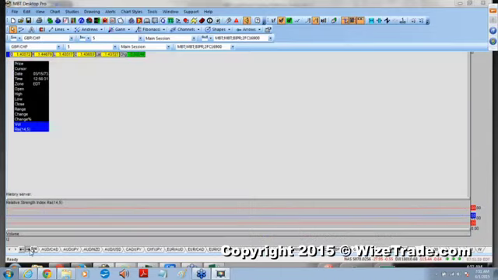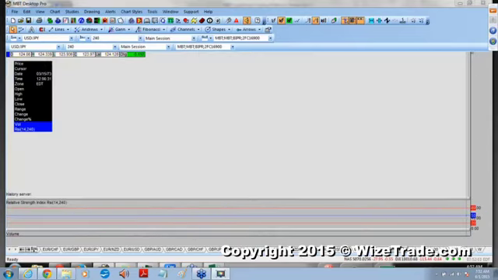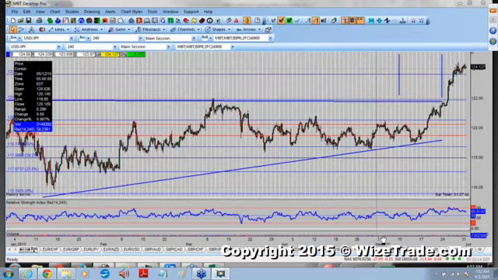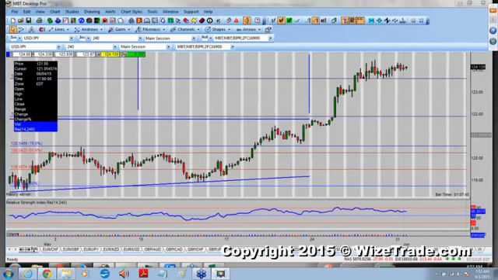Let's go back to the yen. So here's the yen, and we were just talking about how strong the yen is. The thing about the dollar yen is it's holding these gains. If you're out there fading the dollar yen, be very, very careful about it.